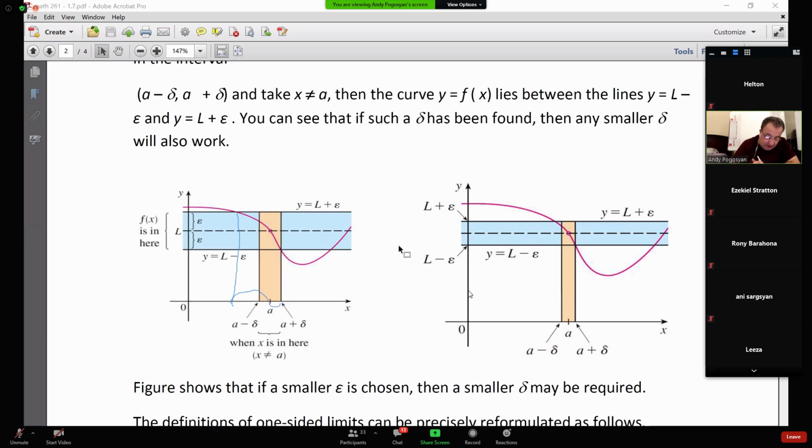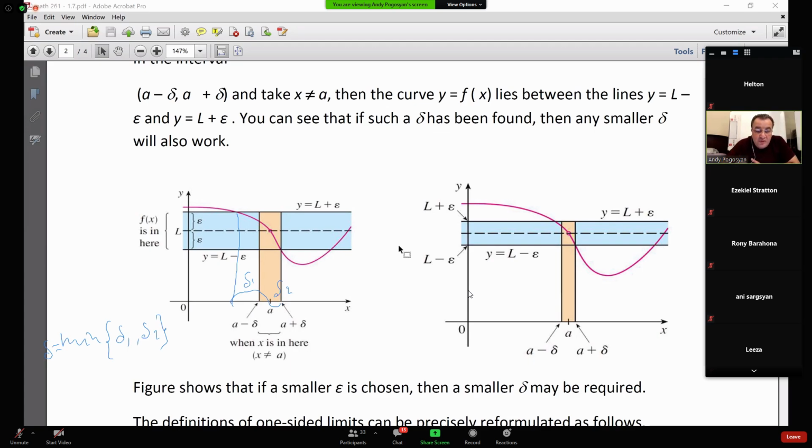So basically, you have delta 1, delta 2. So we choose the minimum of delta 1, delta 2. The minimum will work for both of them. So if you choose delta 2, which is the minimum in this case, x is in the interval a minus delta, a plus delta. So our delta equals the minimum of those two.